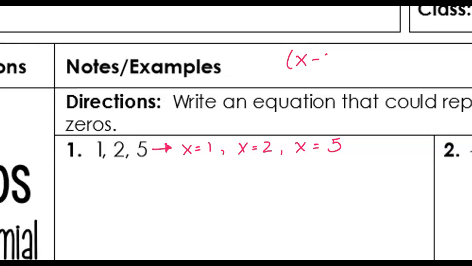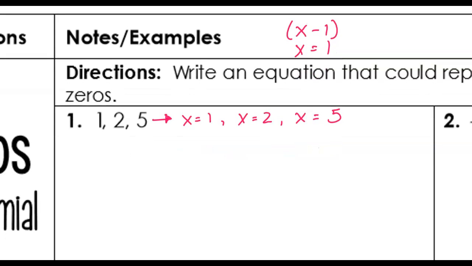How would you take this factor and get a solution? Right. You set it equal to 0 and add the 1 over. So you would get x equals 1. How do you, therefore, take a solution and get a factor?